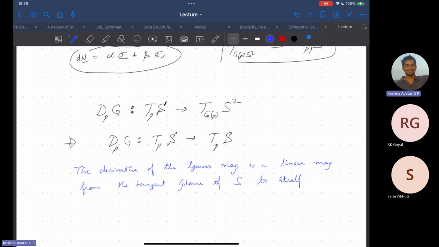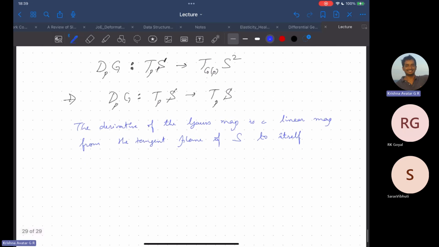That is the whole idea of the derivative of the Gauss map G.